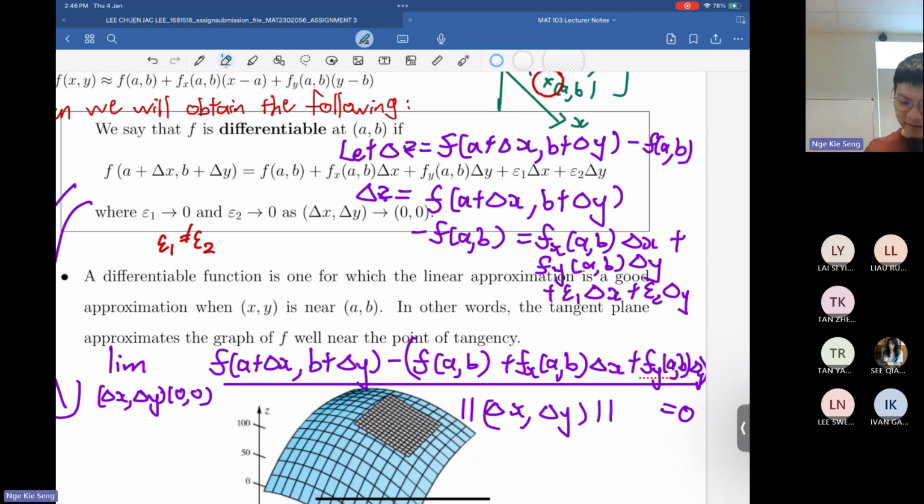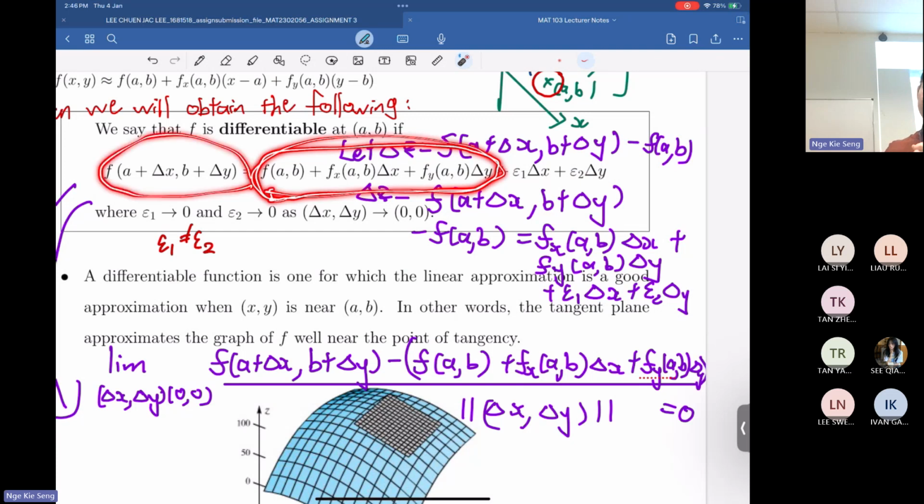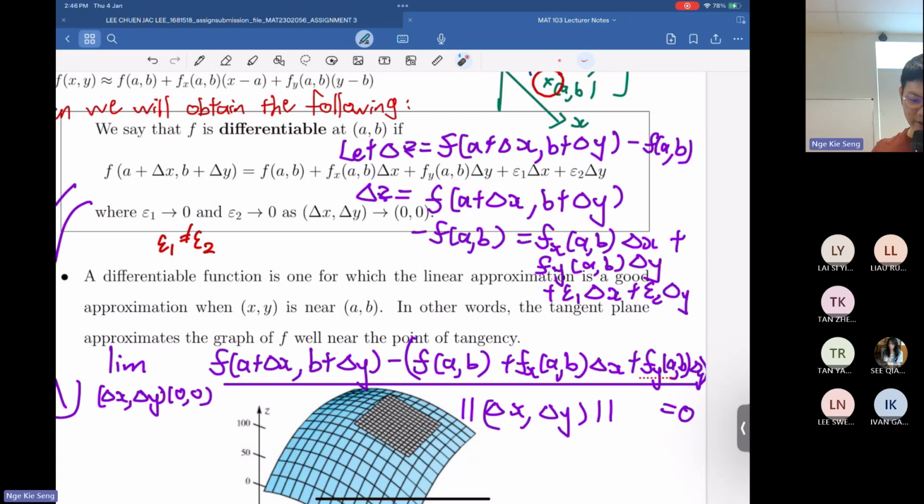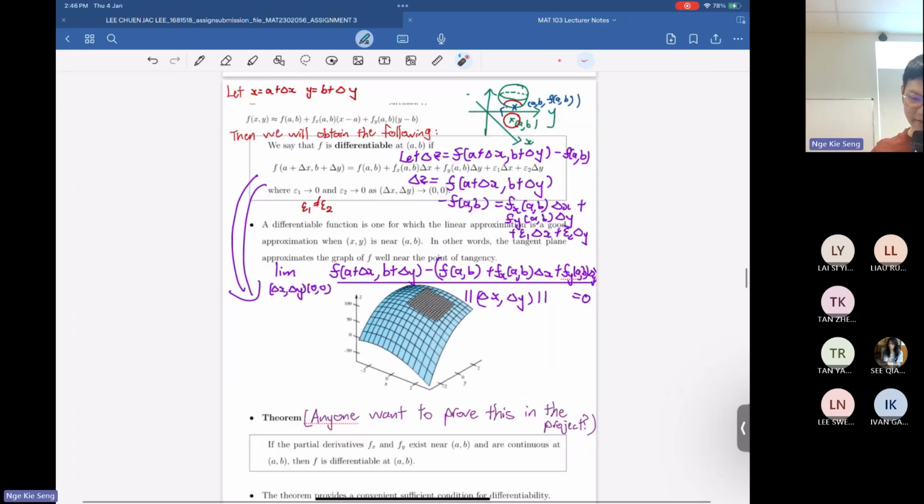What you can see here is that these first three terms come from the tangent plane. But like what we did just now, we use the tangent plane to estimate this original point here. There will be a difference. So let me go back to what we have.